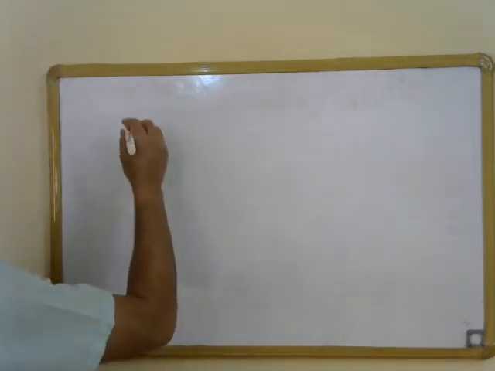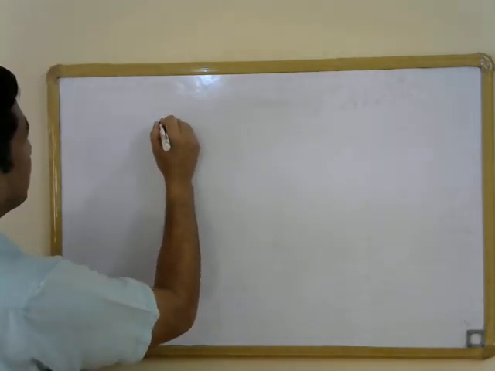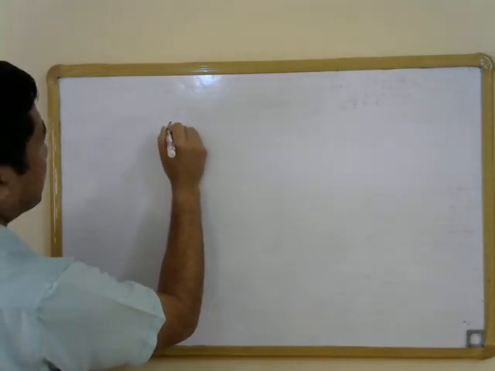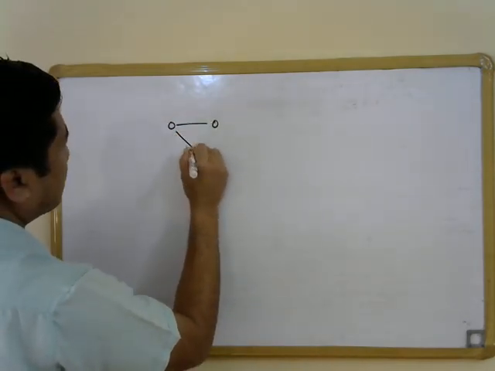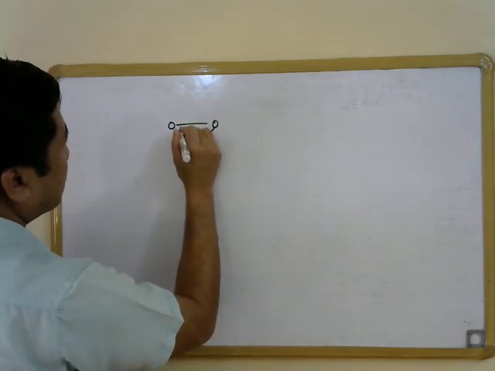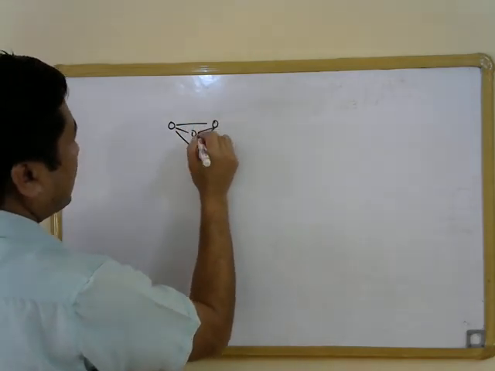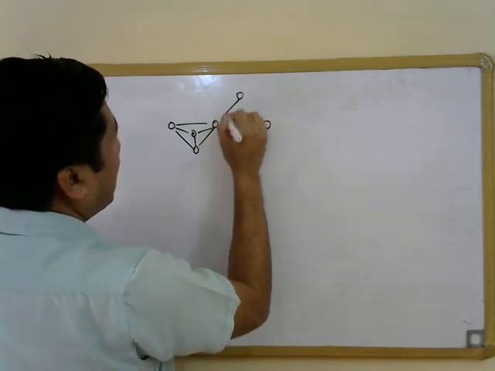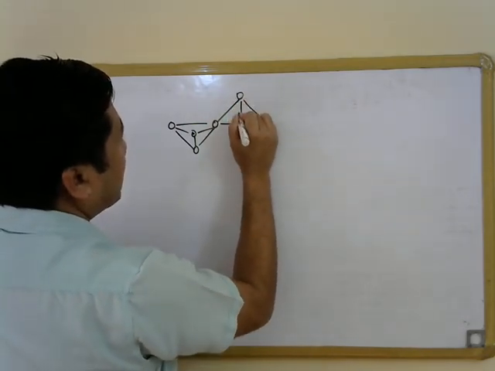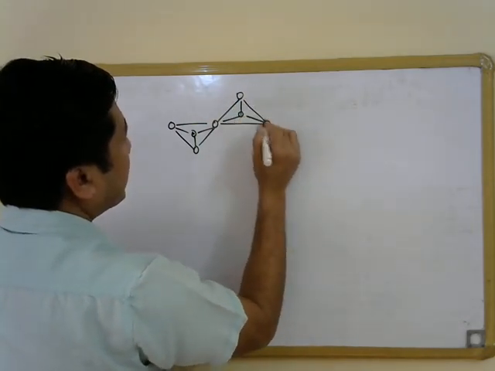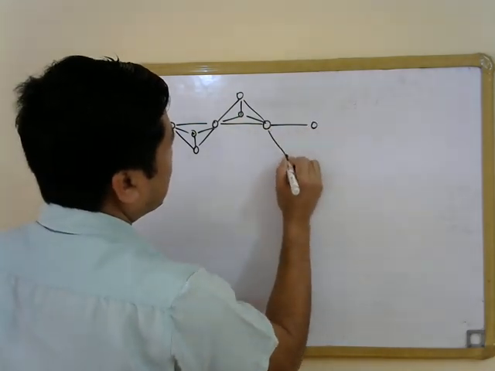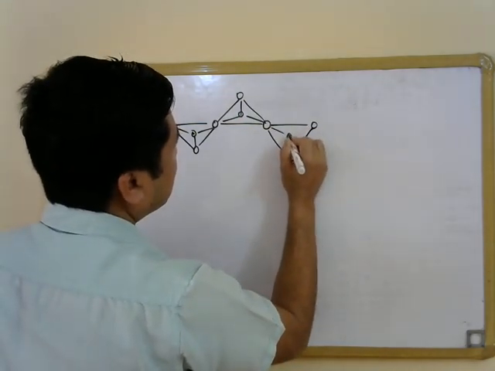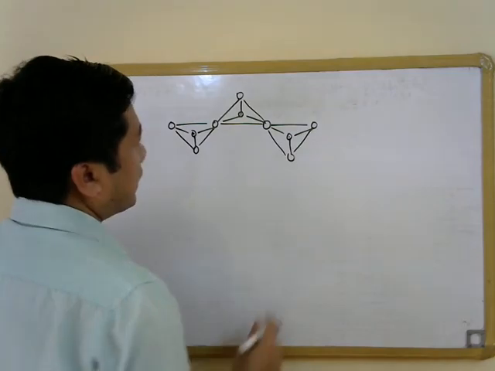Let us draw this. And we have also discussed that, depending upon after how many SiO4 units the repeating unit comes, the structure of such chain silicate minerals can be different.